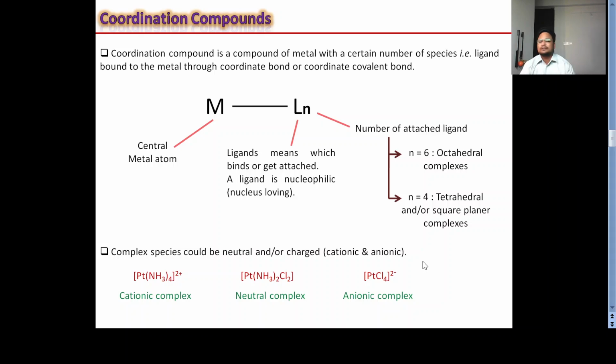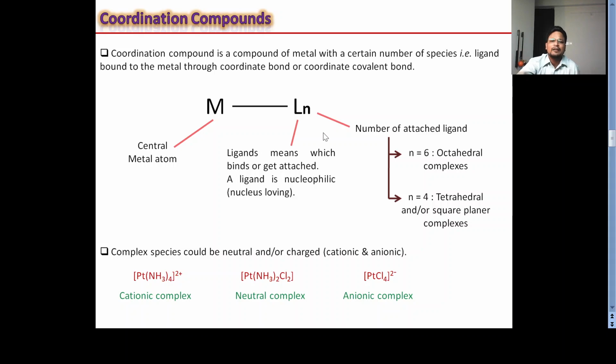Now what is coordination compound? Coordination compound is a compound of metal with a certain number of species, that is ligand, bound to metal through coordinate bond or coordinate covalent bond. Here we can see that a metal is directly linked to the ligand with a certain number of ligand.